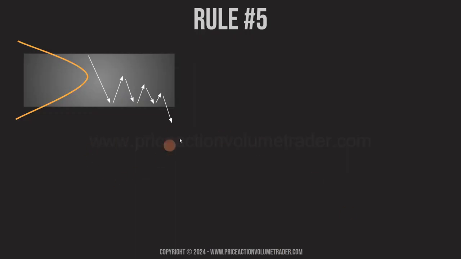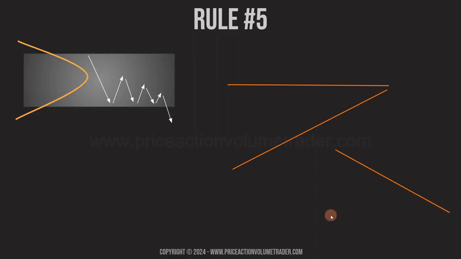Okay, I'm not huge on classical chart patterns, but I would say that the ascending and the descending triangle is probably the pattern that I like and use the most from those, because it makes sense.